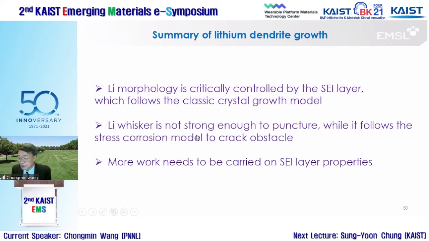Apparently, lithium whisker is not strong enough to puncture possibly some solid separator. Well, I think a recent work clearly shows that it's a kind of stress corrosion model, like weeds underneath the pavement gradually building up stress and making it fracture. That's one insight that we capture here.